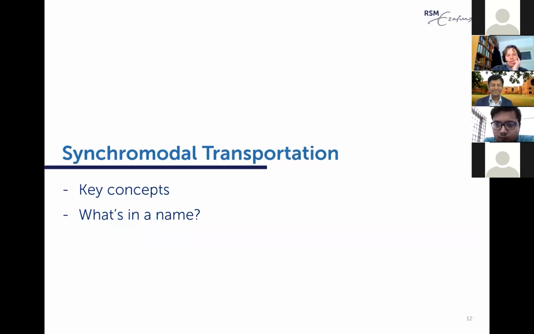Maybe we can do a small poll by raising hands. Who is aware of what Synchromodal transportation is? I just want to briefly get a feel of whether people say, yes, we know this, or no, tell us, because I have no clue. Maybe you can raise your hand if you have some knowledge about Synchromodal transportation.